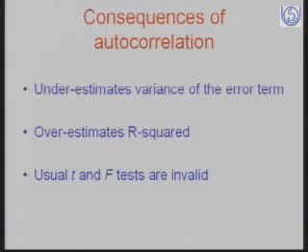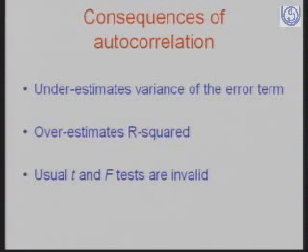So if your error sum of squares is underestimated, that means your regression sum of squares is overestimated. That means the R squared, the coefficient of determination, is overestimated, more than the actual one. So as a result, what will happen?